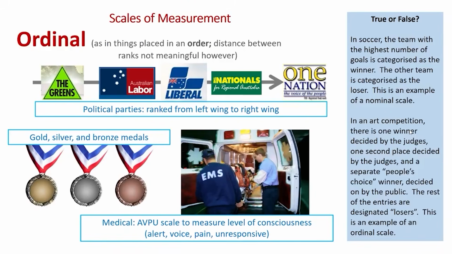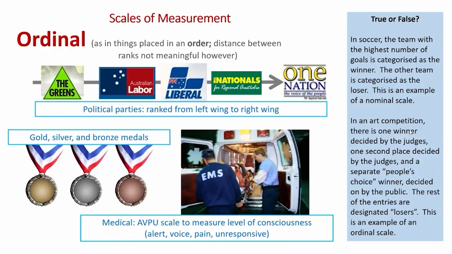This is where they might look like they're unconscious, but if you call out their name, they'll respond to your voice. Okay, the third level down is P for pain, and this is where they look unconscious, they don't respond to your voice, but if you squeeze their finger or something like that, they will show some level of response to that stimulus.